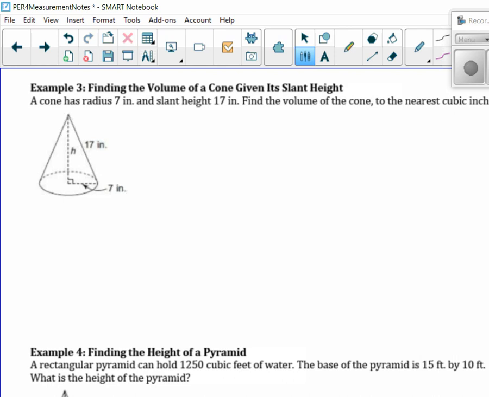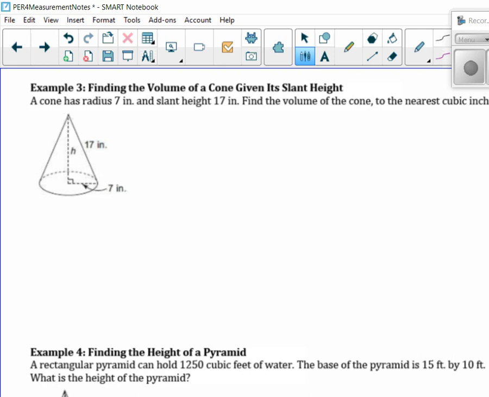So what did we do yesterday in the surface area formula to figure out the slant height? We had to use what? Yeah, we had to use the Pythagorean theorem first. So same thing goes here. We need to figure out the height. Remembering, if we do not get a nice number for our height, we leave it as a radical or we store it in our calculator, because we're not rounding until the final answer.